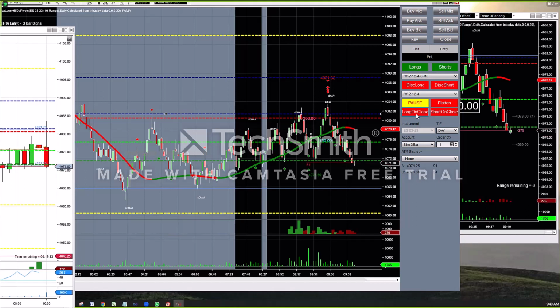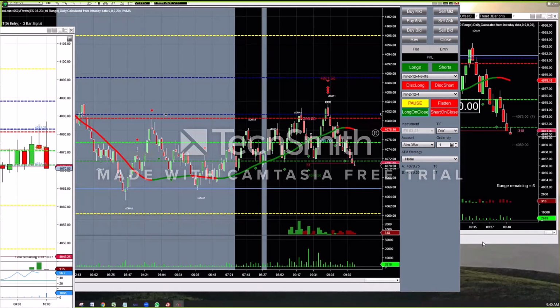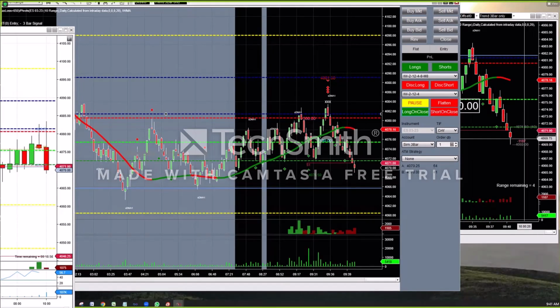I have to see the delta and the volume come in. See it come down. If we get another bar down, that's probably not going to work. Wow, look at the number of people selling. They're just tossing it up into the wind.